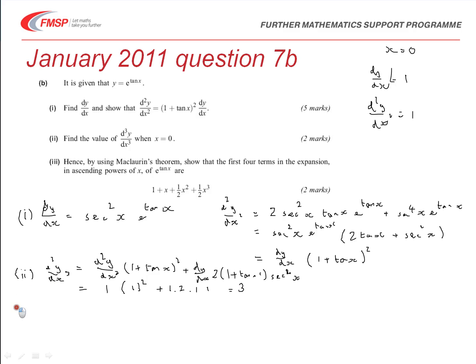So now we can use Maclaurin's expansion to find y as an expansion.